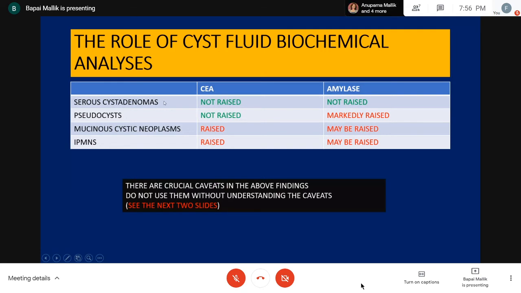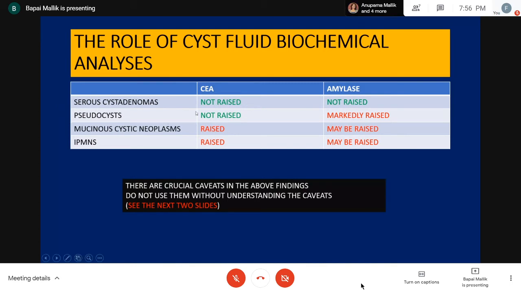And because serous cystadenomas are usually those tumors where surgery is optional, where you can avoid surgery, this is a very important finding. So if you have a cyst with both these enzymes coming back negative, it's pretty good for a serous cystadenoma. They have certain other implications, and we are going to talk about that when we discuss the Papanicolaou system.